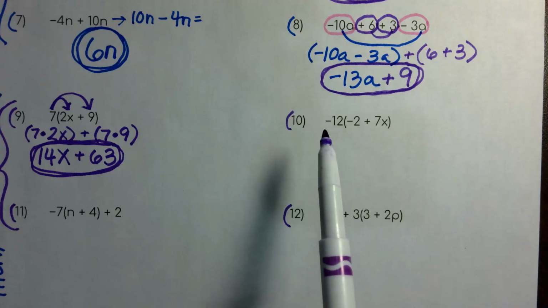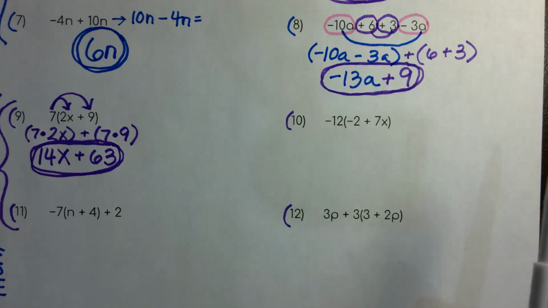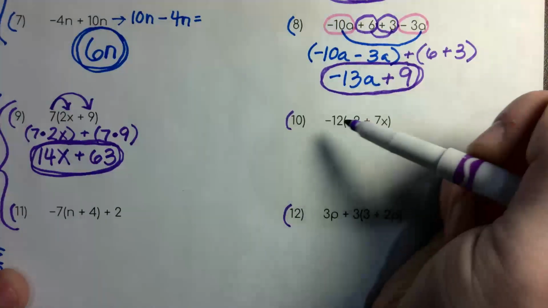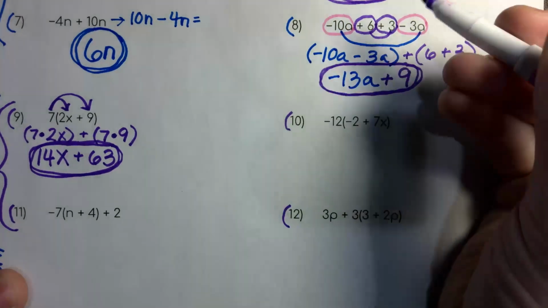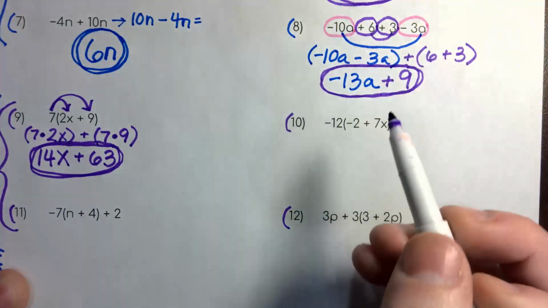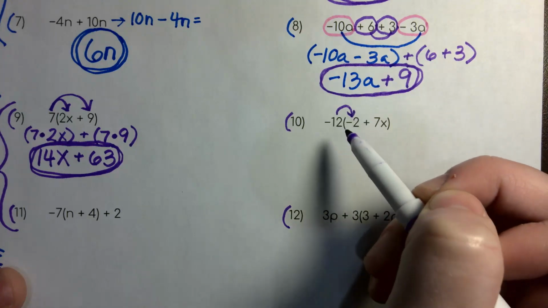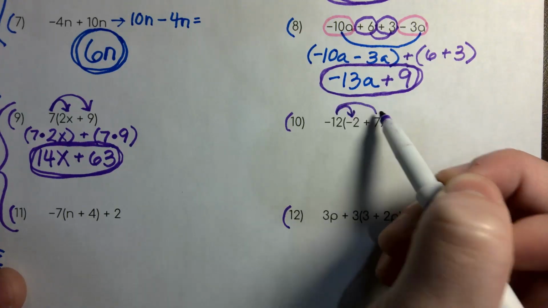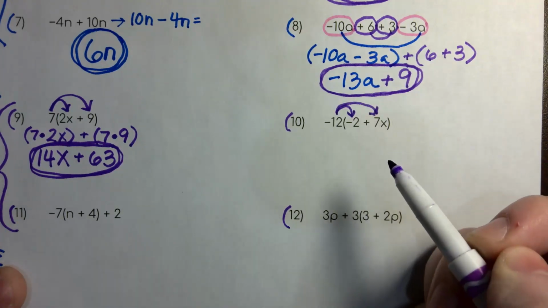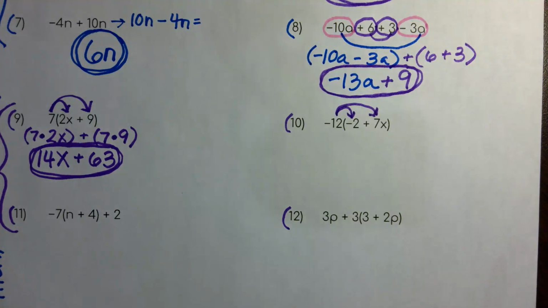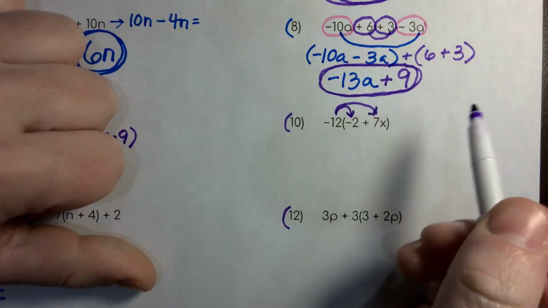Yes. When we have different signs, our answer is going to be negative. So we know we're doing 2 multiplication problems, just like in 9. I'm going to start by drawing arrows from my negative 12 to my negative 2, and then from negative 12 to positive 7x. And we're going to solve the 2 multiplication problems.